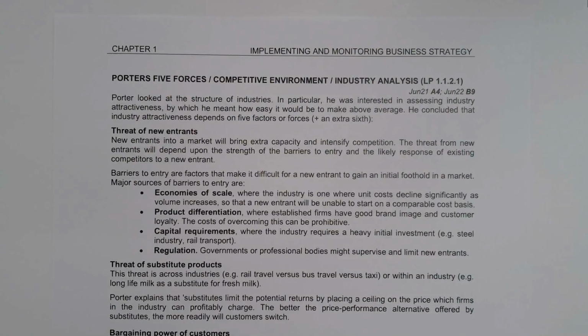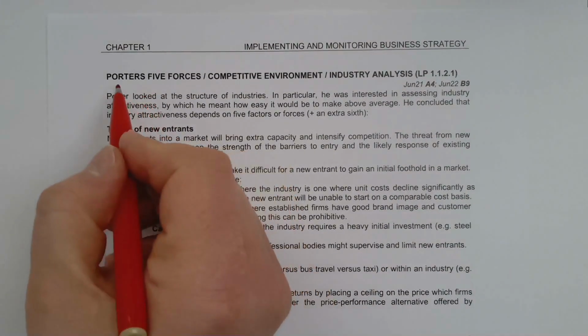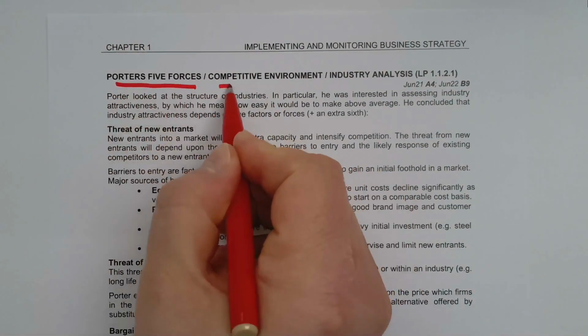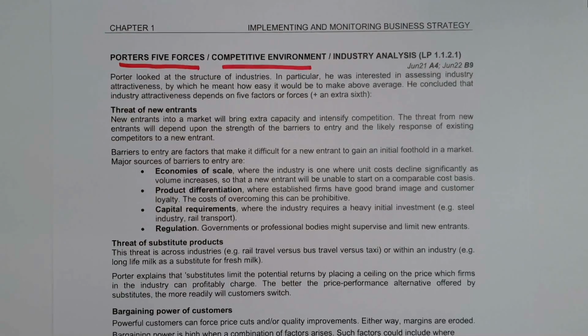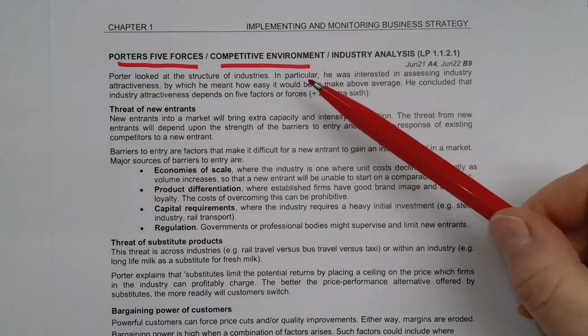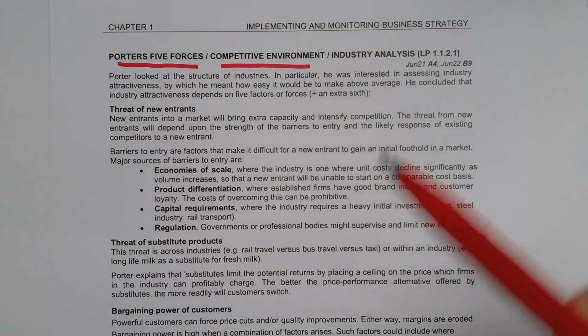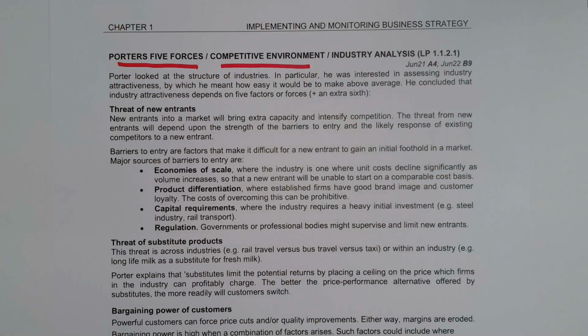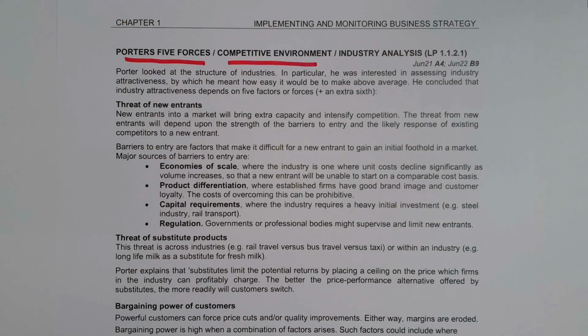Let's move on. Our last model here is our Porter's 5 forces. Again, we need to spot this in the actual exam. So if the examiner is asking you to analyze the competitive environment, or if they're asking you for an industry analysis, again, this Porter's 5 forces is the best model.